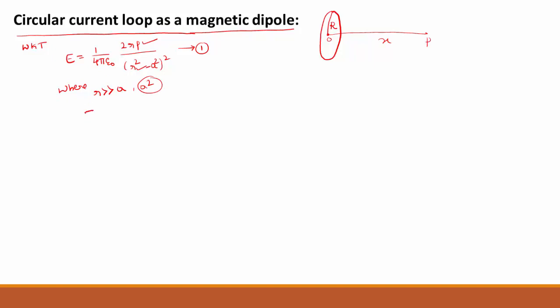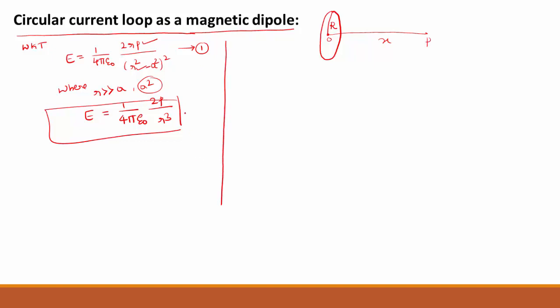Then we write this equation, E is equal to 1 divided by 4 pi epsilon naught, 2p divided by R cube. Using these two equations, now we will connect electrostatics to magnetism.